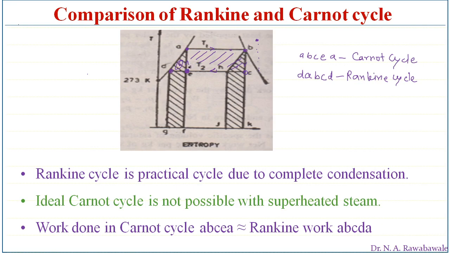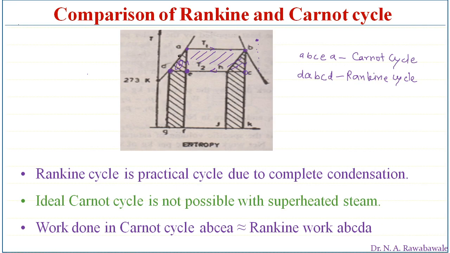because it has certain advantages. Because the condensation is complete, complete condensation helps us to pump this condensed water into the boiler, because the pump need not handle a heterogeneous mixture of steam and liquid or water vapor. Here complete liquid can be handled by the pump and supplied to the boiler.